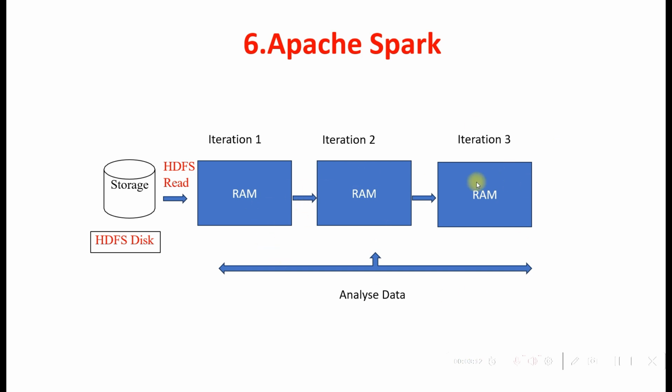And in the third stage, it analyzes the data efficiently. Spark avoids frequent disk reads and writes, so it runs much faster than Hadoop. Spark is up to 100 times faster than Hadoop for many tasks because it processes the data in memory. So that's why Databricks uses Apache Spark instead of Hadoop.